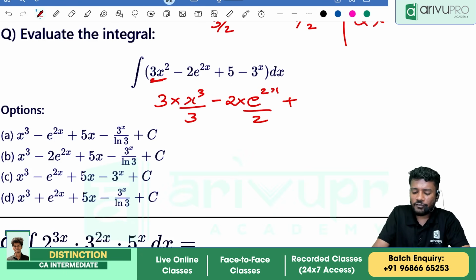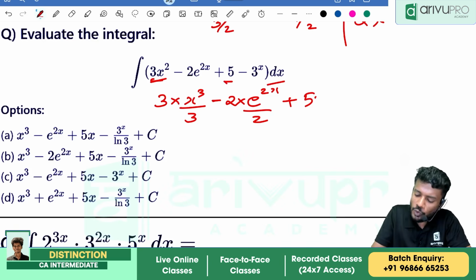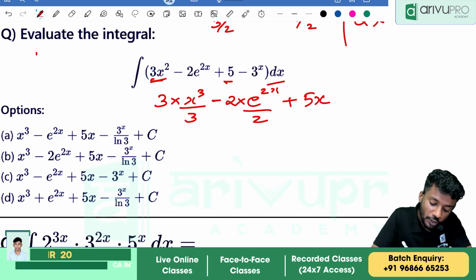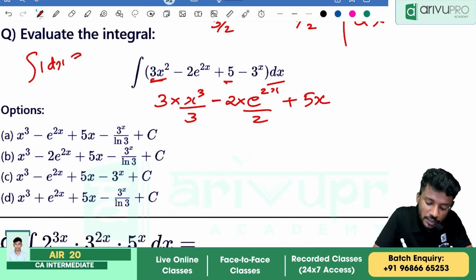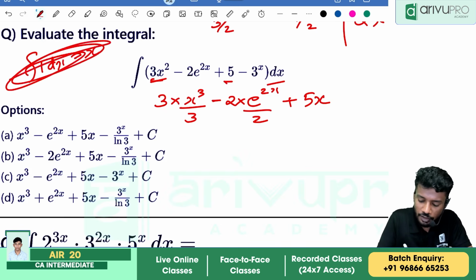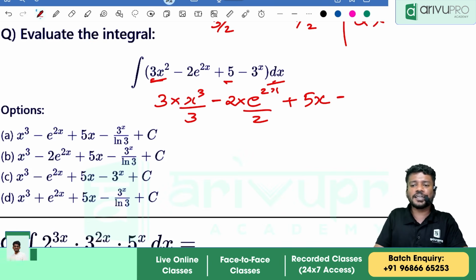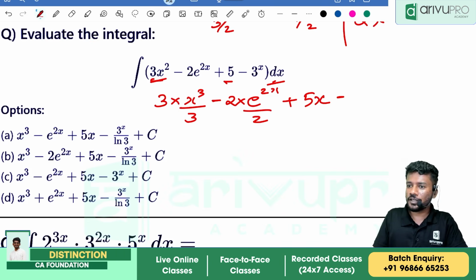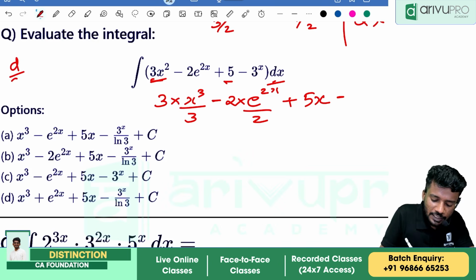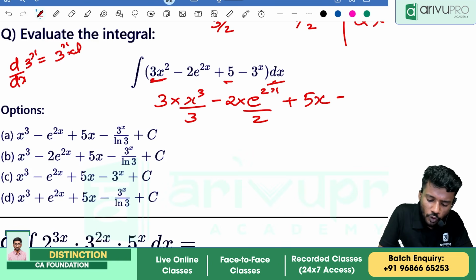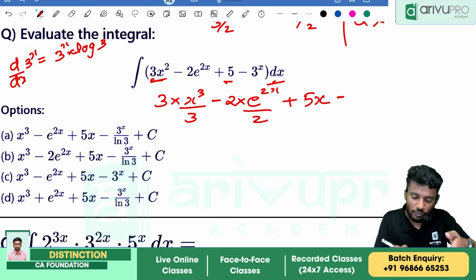Plus what is the integral of 5 dx? 5 into x, because once I told you the integral of 1 dx is x. Similarly, the integral of 5 dx will be 5x. Minus what is the integral of 3 raised to x? We know that the derivative of 3 raised to x is 3 raised to x into log 3. Then the integral will be the opposite.